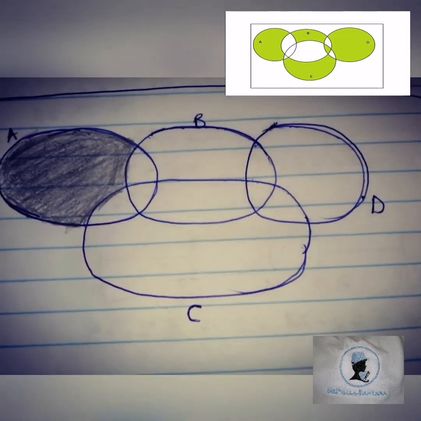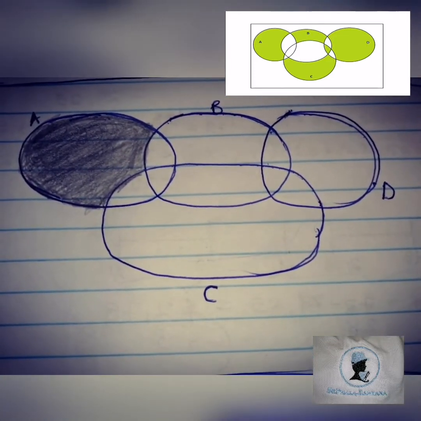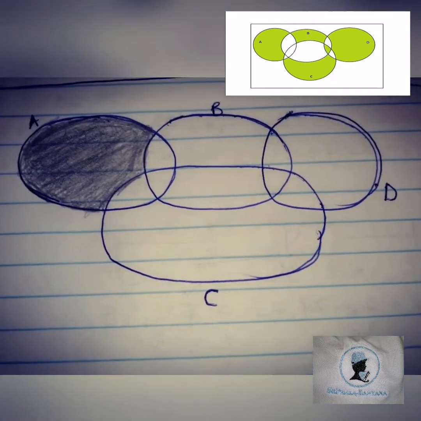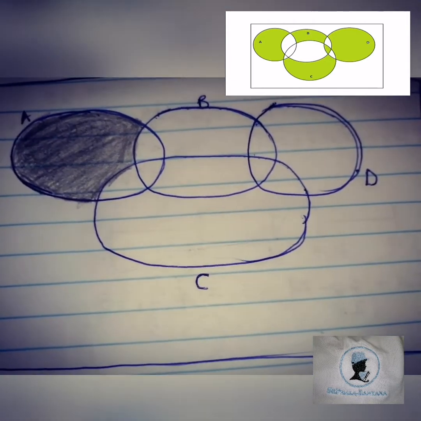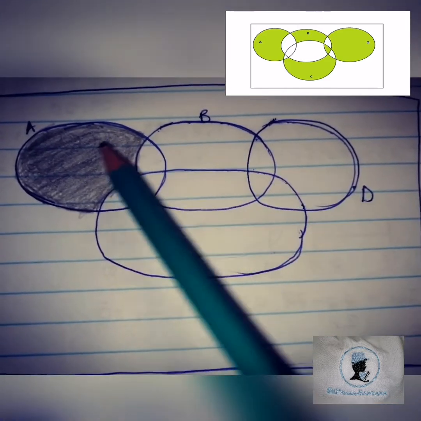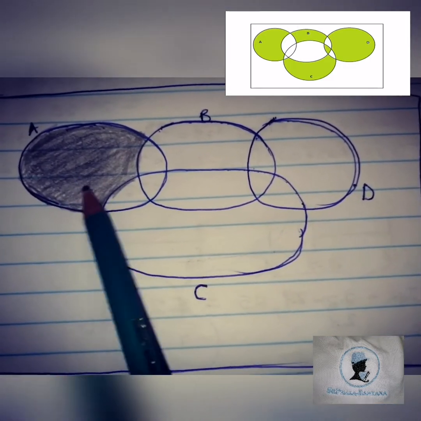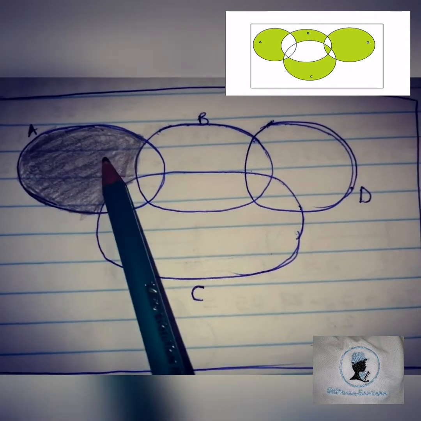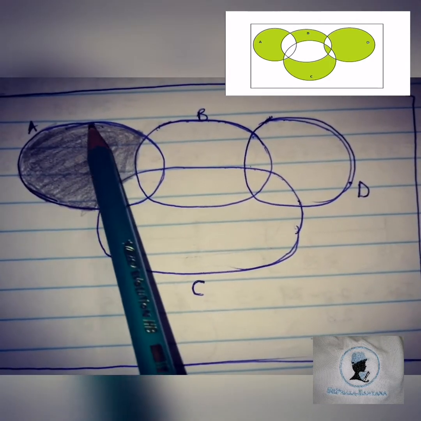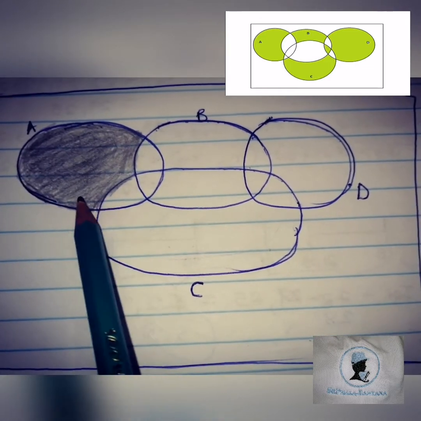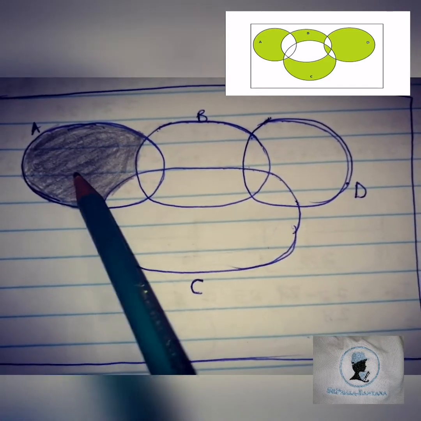So we have to give the set notations for the shaded parts in the question. You have to do one set at a time. We can see that the shaded part in this diagram is this one, so we have to give a notation for this shaded set here.